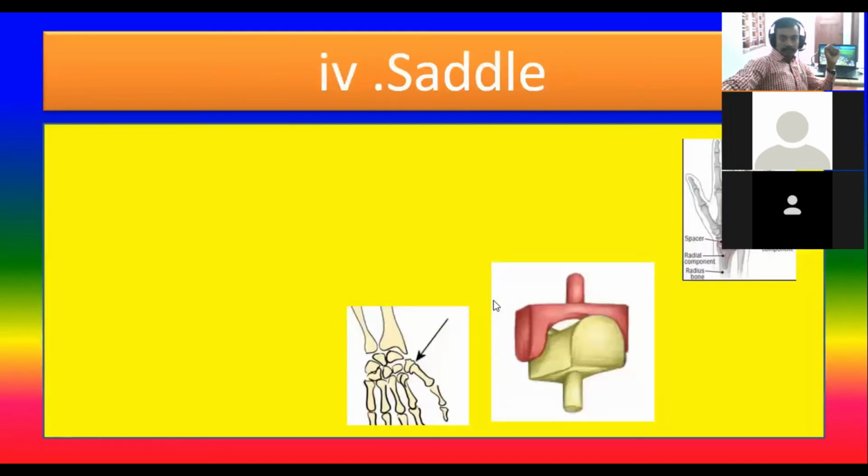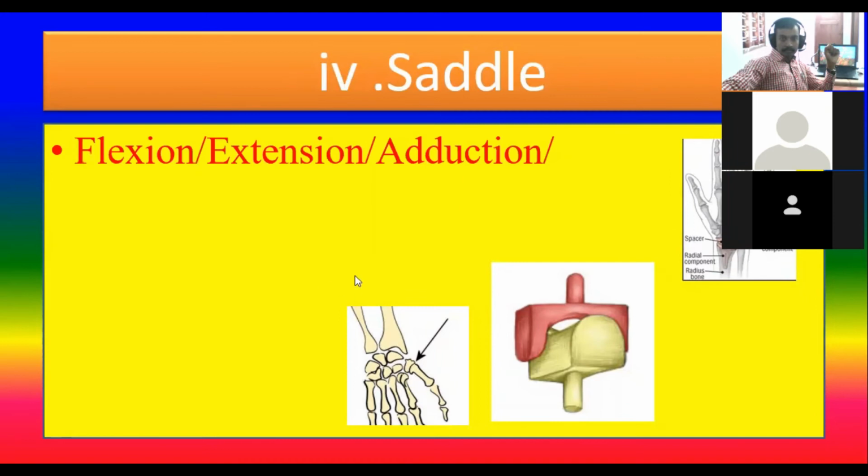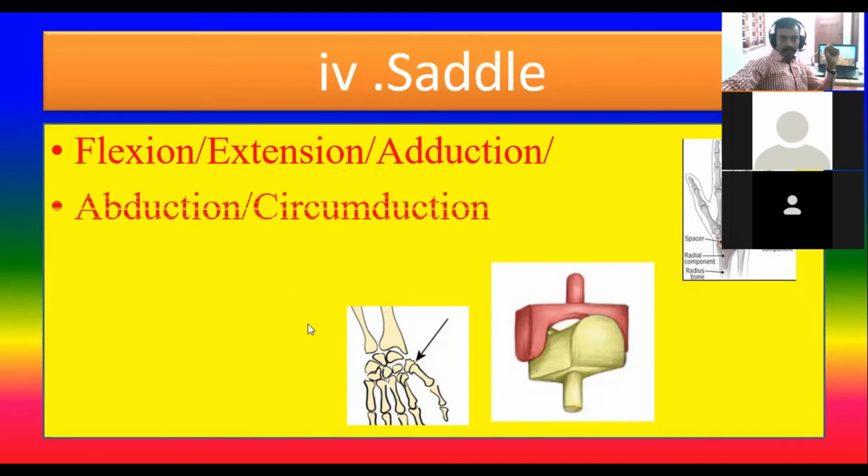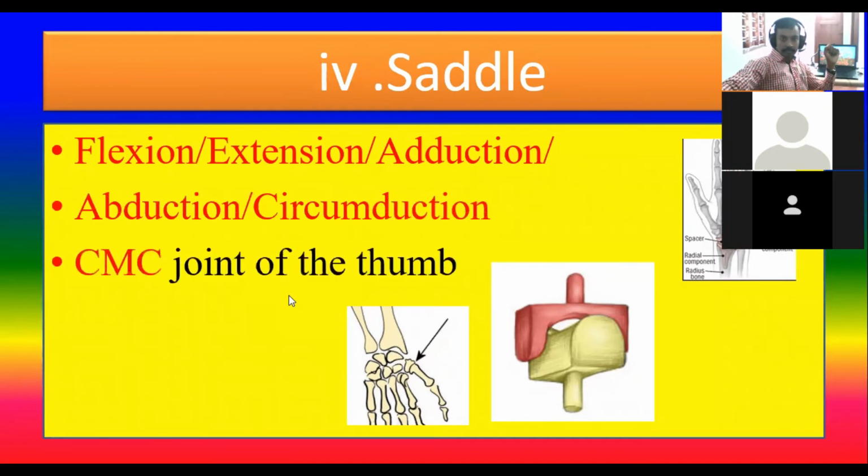Then saddle: flexion, extension, abduction, circumduction. Example, the CMC, carpometacarpal joint, mainly in the hand, for example the thumb.